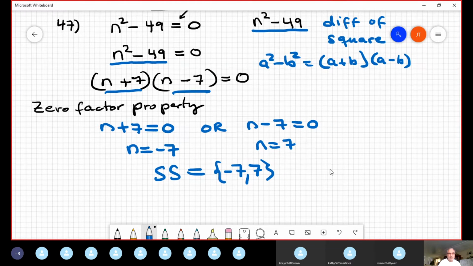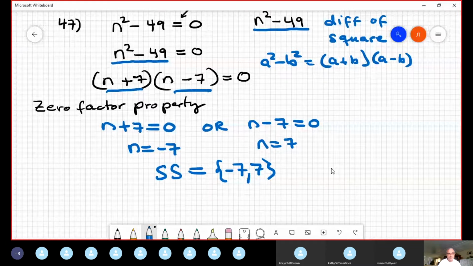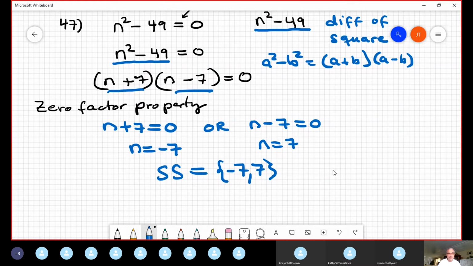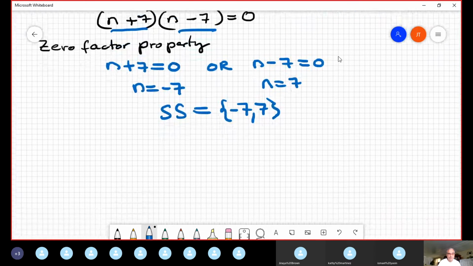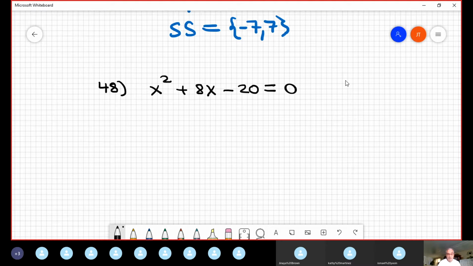Yes. Let's practice. Let's practice solution for the equation by factoring. Solution of the quadratic equation by factoring. 48. 48 is x squared plus ax plus 20, minus 20 equal to 0.